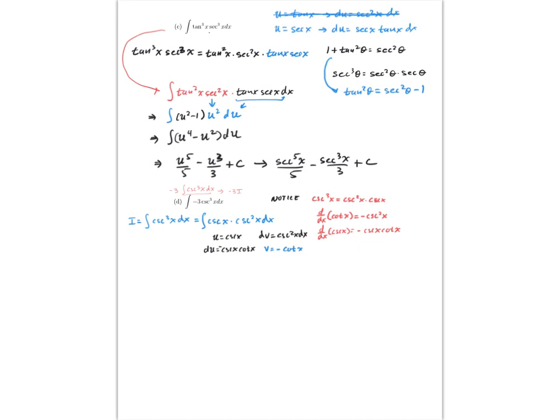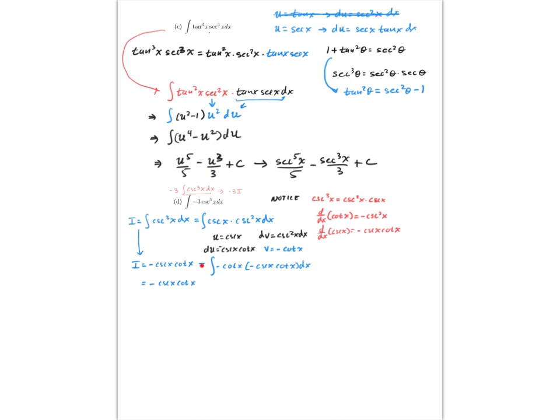So therefore, using integration by parts, I is equal to uv, which gives you minus cosecant x cotangent x, minus the integral of v du, which is minus cotangent x times minus cosecant x cotangent x dx.